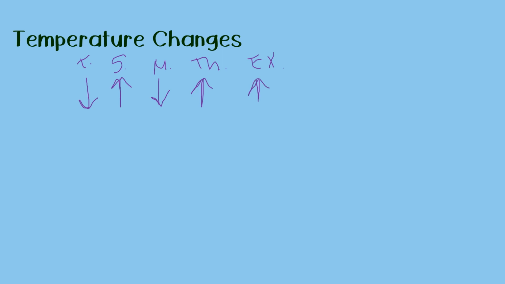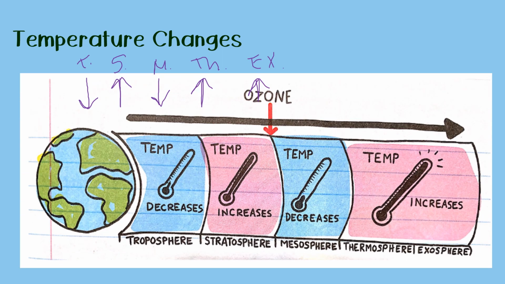All right, so I have a little graphic for you guys. Here is the picture. Here we have the troposphere. That temperature is decreasing. Here's Earth. Here's us. I'm trying to draw me. There's Miss Brown.